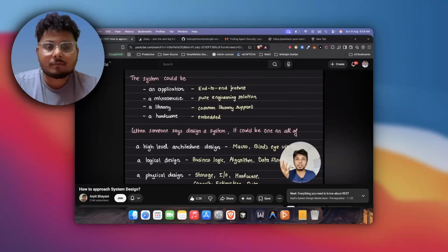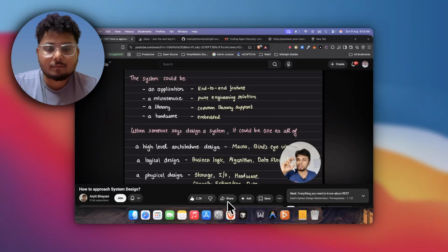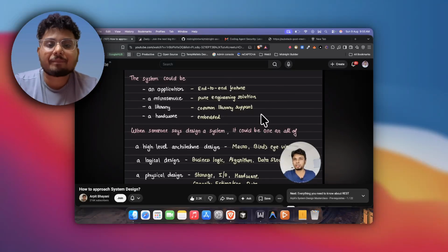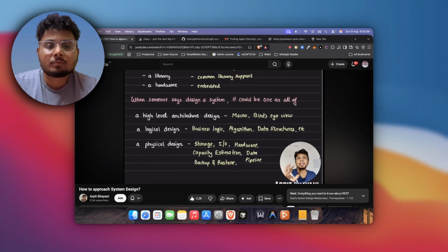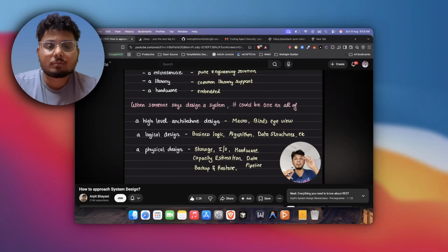Or it could be an actual physical hardware that you are shipping, where you were given a product requirement, and the only thing that you could do is actually ship that hardware, that embedded system, to your users or to your customers. Right? Now, when someone says design a system, it could be one or all of these three things.